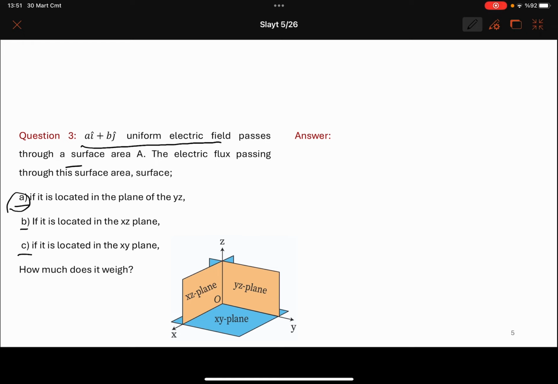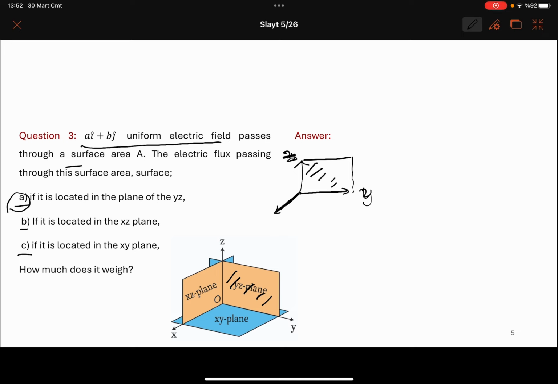For question A, the surface is located in the y-z plane. So say this is my surface. Don't forget, the surface vector is always perpendicular to the surface. Say this is the y-z coordinate system, this is z and this is y. The surface vector must be perpendicular to this surface.